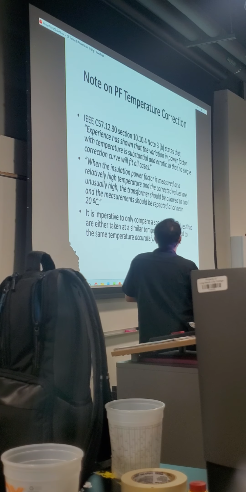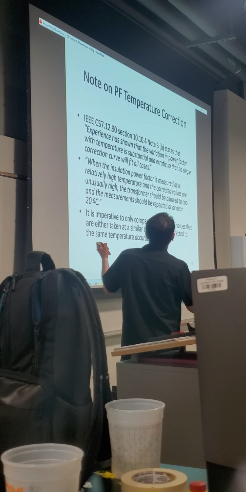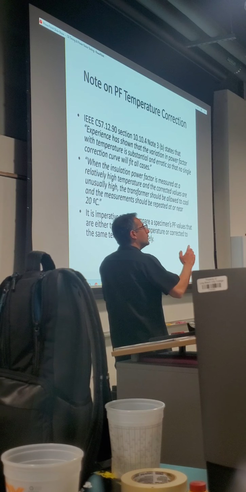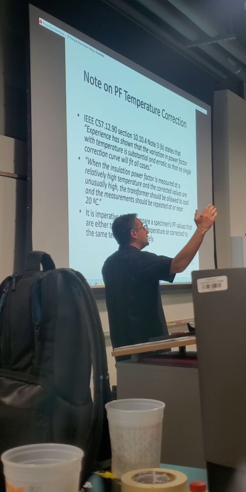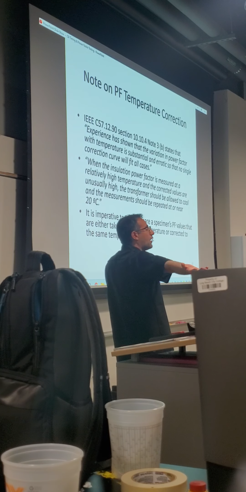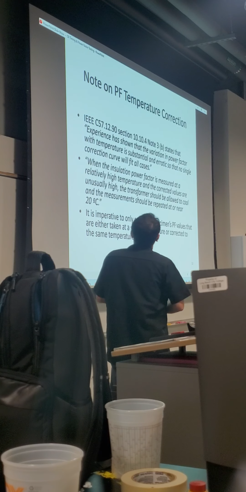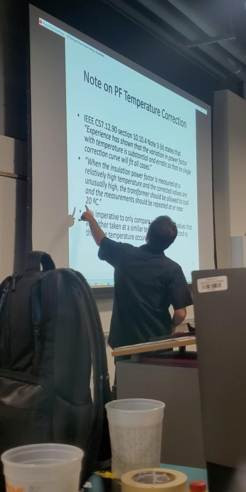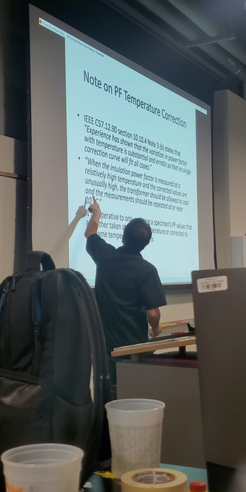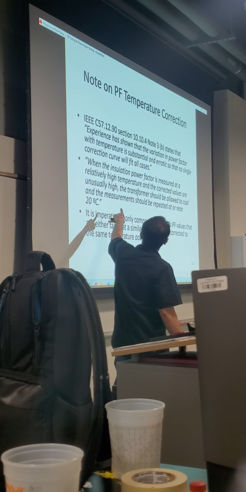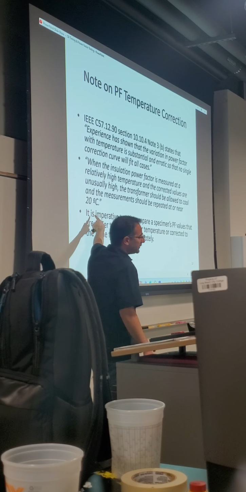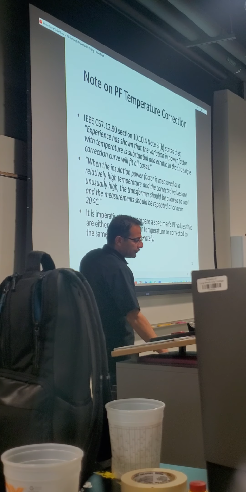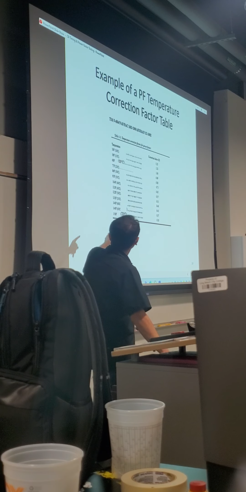If you are testing equipment in extreme weather, if it's very humid or very cold or very hot, then you have to take that into consideration. This is from IEEE standard that it should be repeated at or near 20 degrees Celsius, or it should be corrected based on the tables we have.